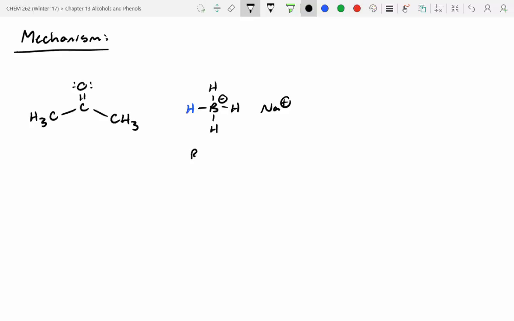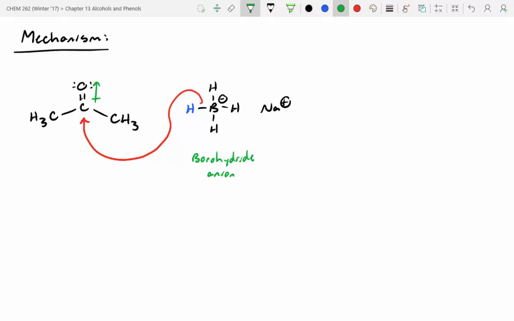This is referred to as borohydride anion, and it's a really powerful reagent in terms of reducing capability. This hydrogen is going to attack this carbon because we know this carbon has a strong net dipole towards the oxygen, so that carbon really wants a negative charge.